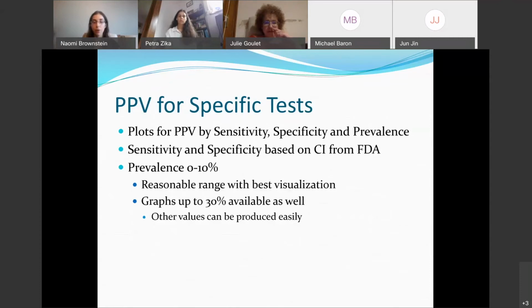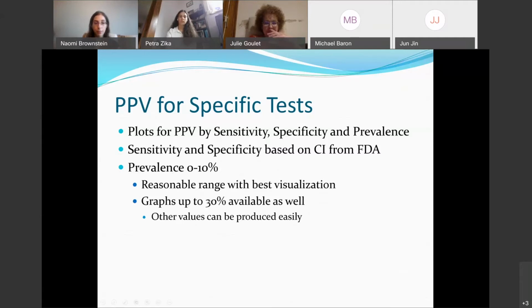Because as we all know, the case counts, and therefore the prevalence, are not very easy to estimate, and the sensitivity and specificity have some pretty wide uncertainty. So we use the 95% confidence intervals. For the purpose of visualization, we're looking at prevalence in the range of 0 to 10%.